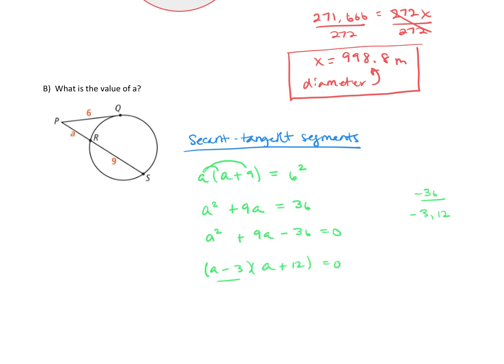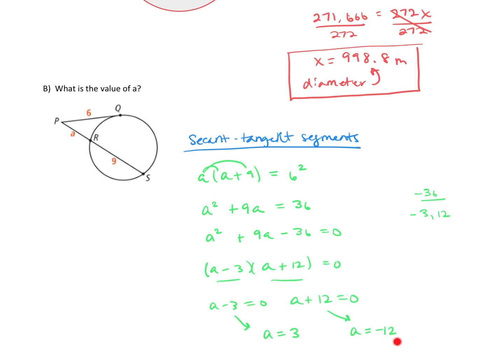Once it's factored, you set each factor equal to 0 to get our solutions. This first equation, we're going to solve for A by adding 3 to both sides, and we get a positive 3. Second equation, when we solve for A, we subtract 12 from both sides, and we get a negative 12.